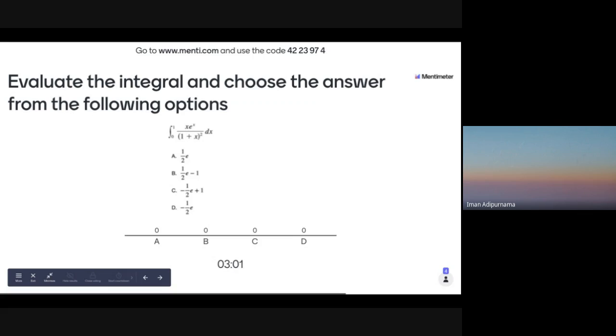You need to use integration by parts. I think it's difficult, right? Is it difficult?